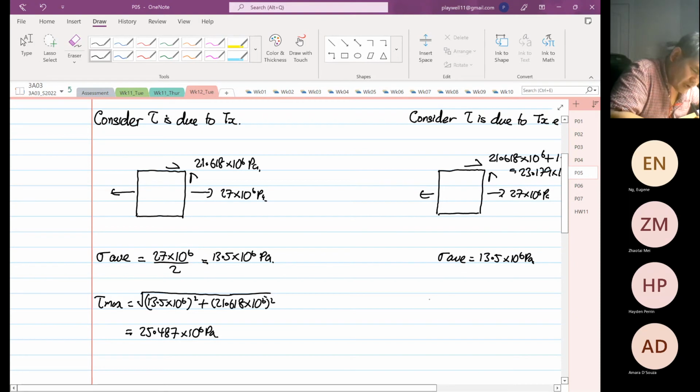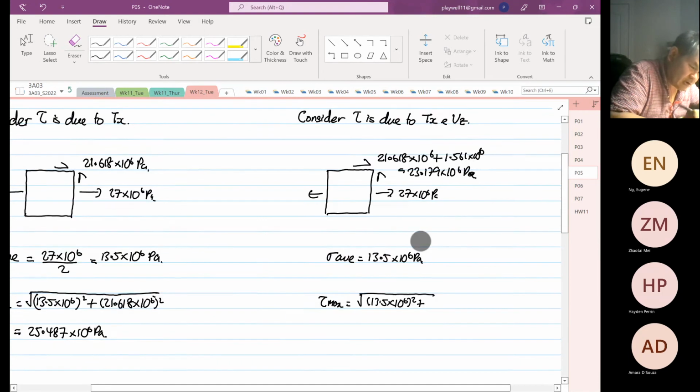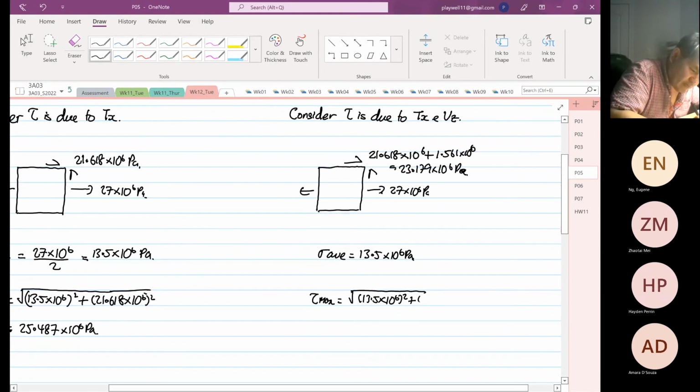And the tau max is equal to the square root of 13.5 times 10 to the power 6 squared plus 23.179 times 10 to the power 6 squared.